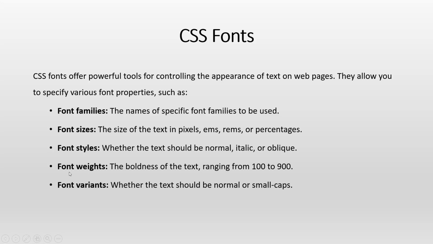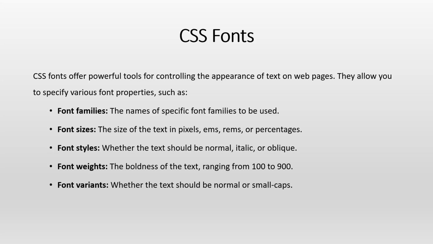Next, coming to font weights. We will be using font weights for bolding, and also font variants. This is similar to font styles. Font variants means there will be different variants, like Sans 600, Sans 500, Sans 700. There will be different kinds of variants.